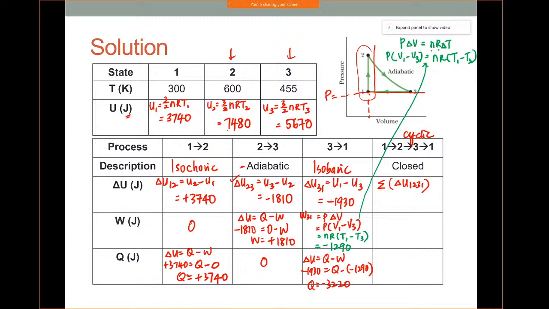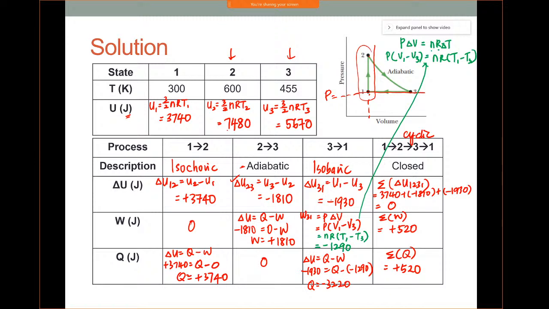So it is equal to 3740 plus negative 1810 plus negative 1930. At the end, you will discover it's just equal to 0. As for the total summation of work done, it will be positive 520. And Q is positive 520.